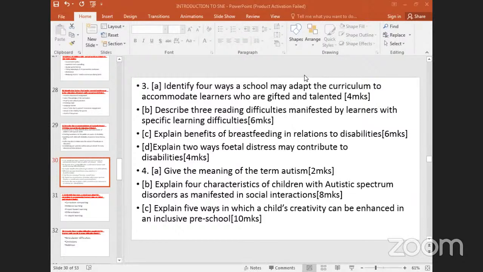Can we go to question B? Madam, I have a question. When you are identifying, do you give your answer in point form like 1, 2, 3, 4? You don't number your work.